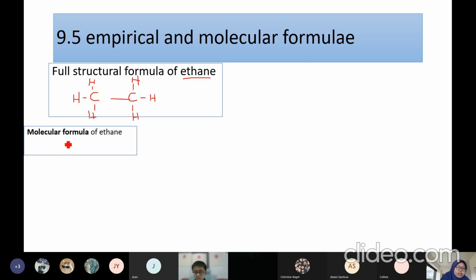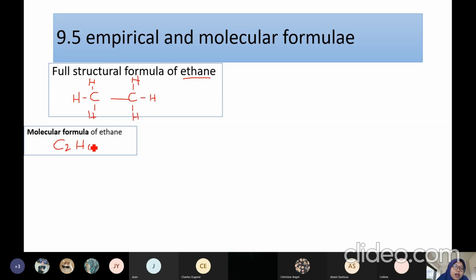The molecular formula of ethane is C2H6.